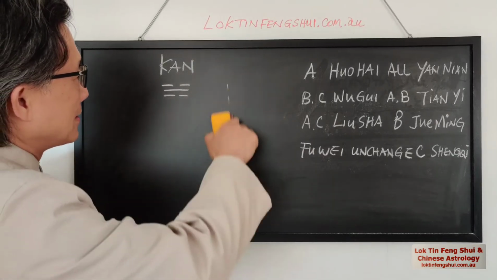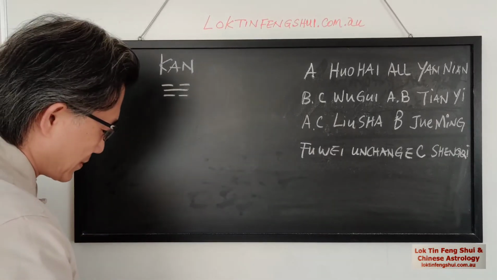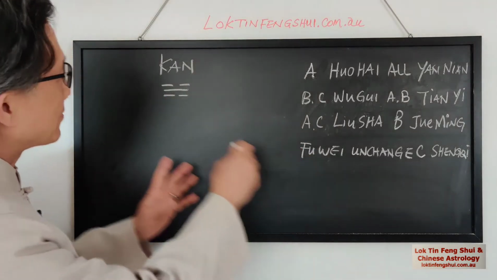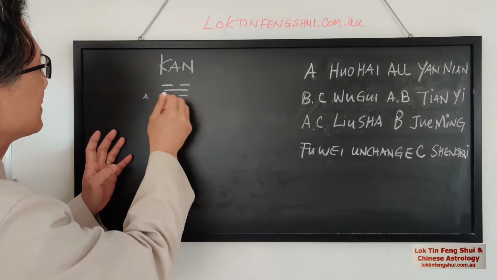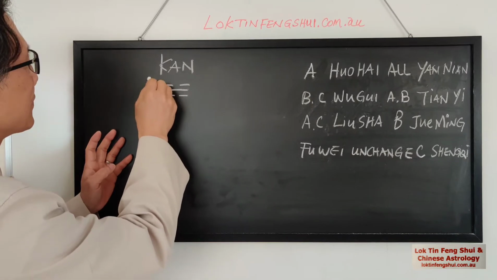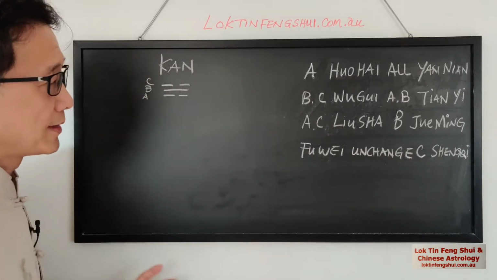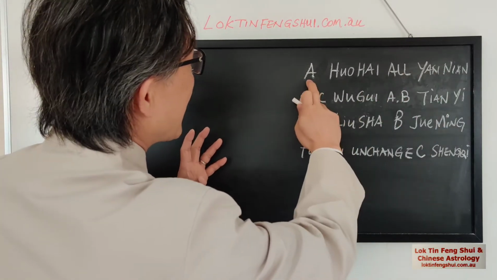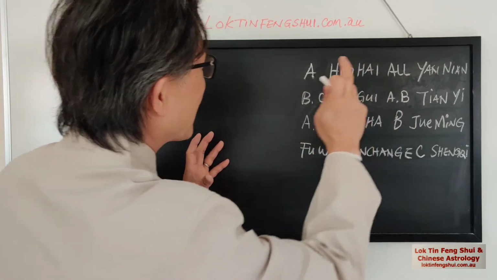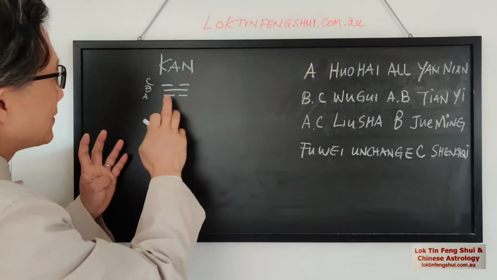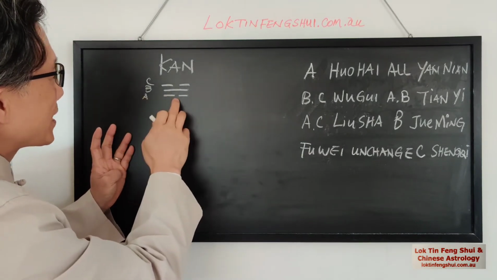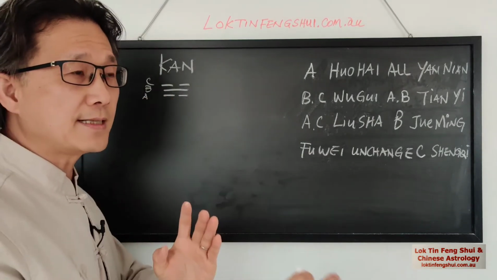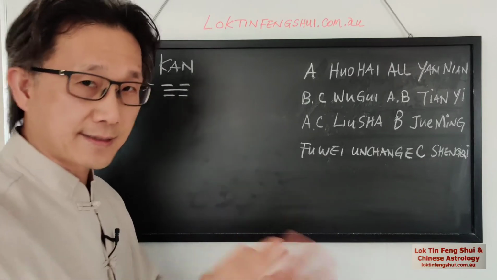If we give a name to each of these yao, the first one we call A, the second one we call B, and the top one we call C. So in the first sentence, A huo hai, meaning if A changes from yin to yang or yang to yin, that's the change.